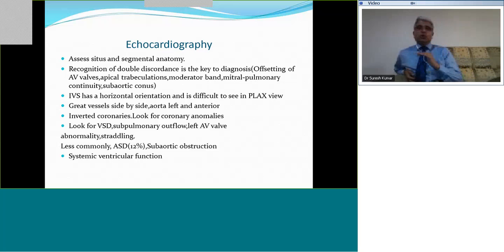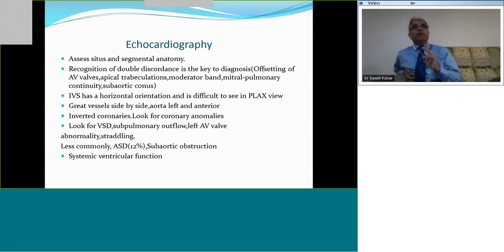That is because the orientation is horizontal. And in the apical four-chamber view, you readily see the septum. And once you are looking at the great vessels, they are lying side by side with aorta left and anterior in situs solitus. The coronaries are inverted.